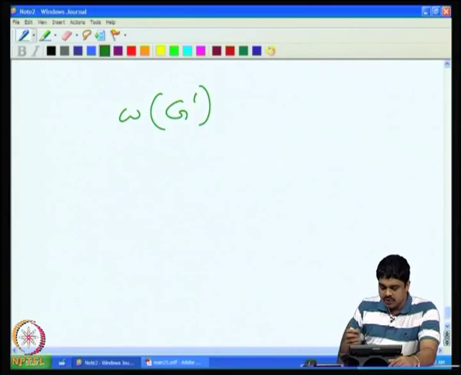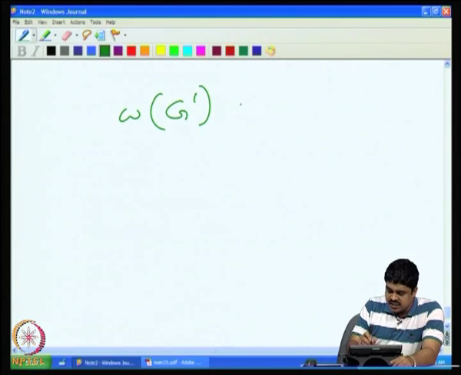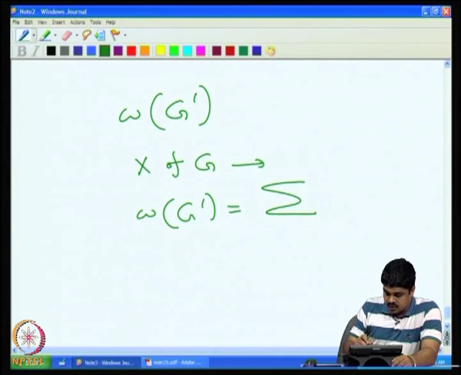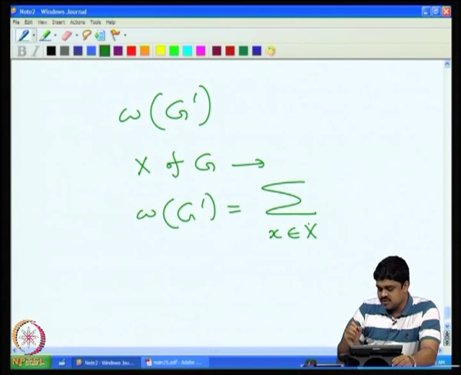So, we can say that omega of G dash, the biggest clique, will correspond to some clique, say X of G, such that the number of vertices, omega of G dash, is equal to the sum over x an element of X of how many times it was multiplied.